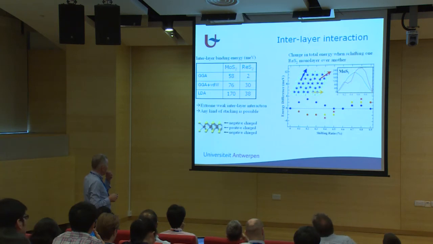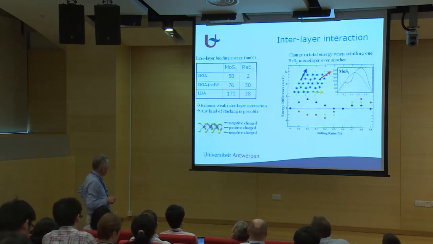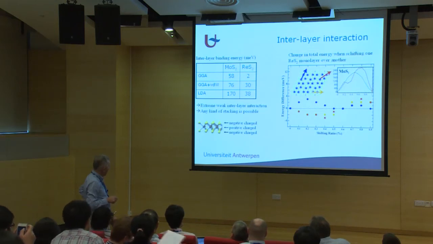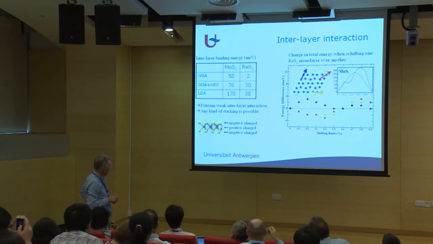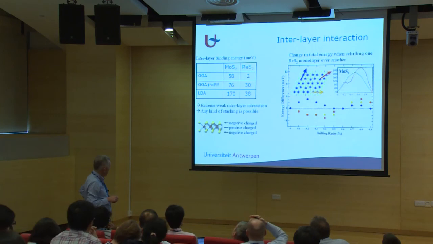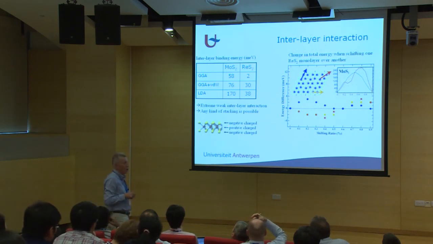Now, what's the reason for this weak interlayer binding energy? We know that in those transition metal dichalcogenides, you have your metal atoms, and then you have your sulfur or your chalcogen atoms. The metal atoms are typically positively charged.